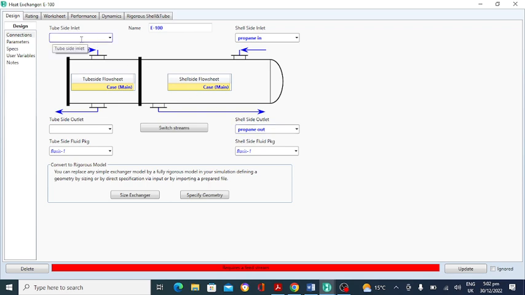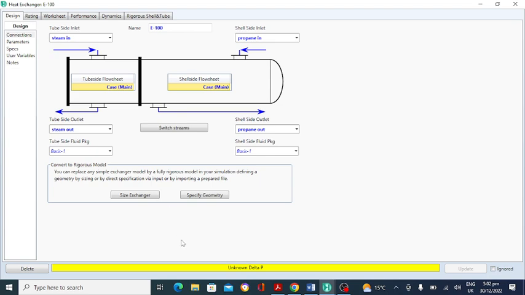Steam is entering into the tube side, so steam in, and the steam out. Now it shows unknown delta P.